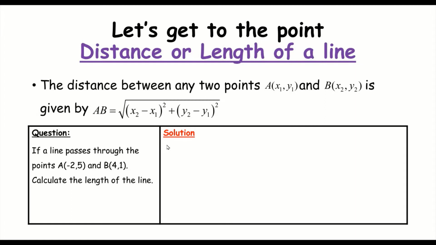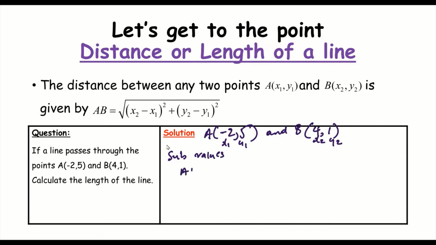Given the coordinates, A is (-2, 5), so that's my x1, y1, and B is (4, 1), and this will be my x2, y2. We're now going to substitute the values into our formula.